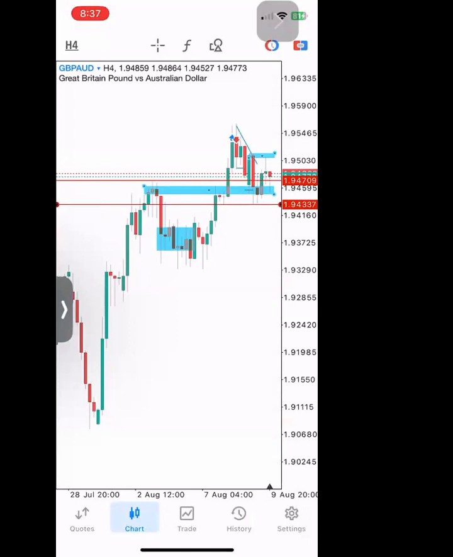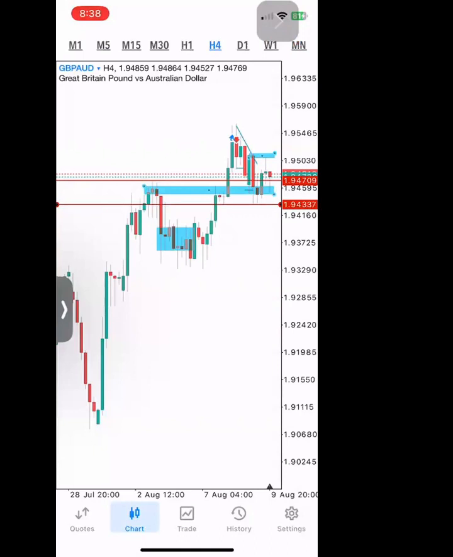For those using iOS, at my top left, below where my time is, you will see H4. If you tap on it, it's going to give you a menu.